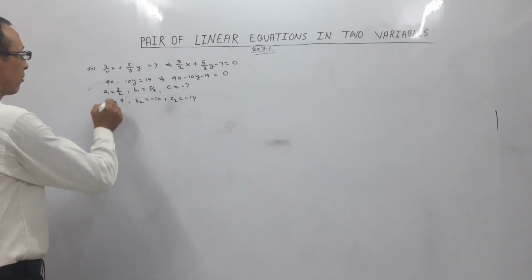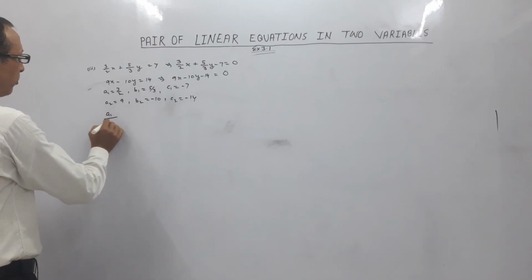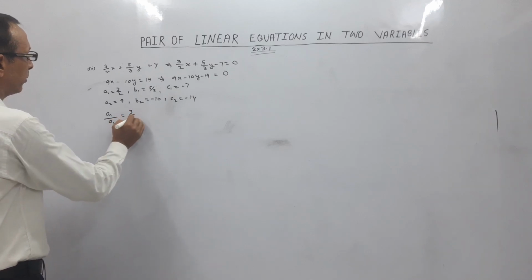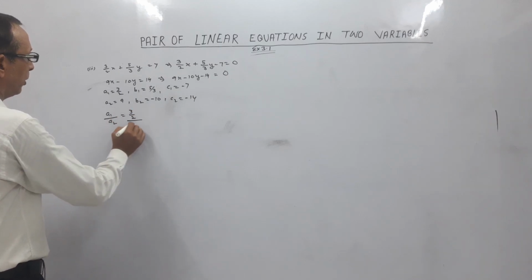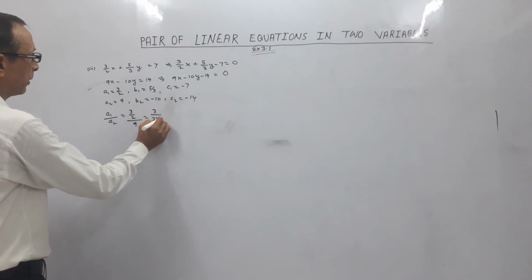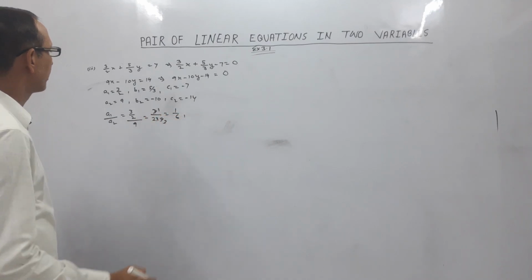So now you can see A1 upon A2 equal to 3 upon 2 and whole upon 9. So this is equal to 3 upon 2 into 9. 3 3s are 9, so 1 upon 6.